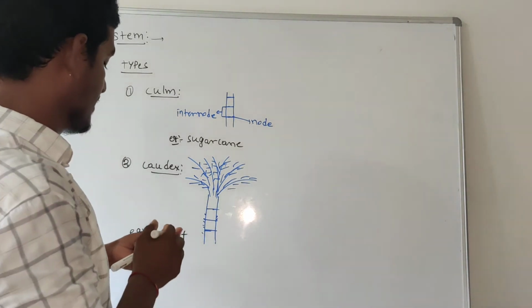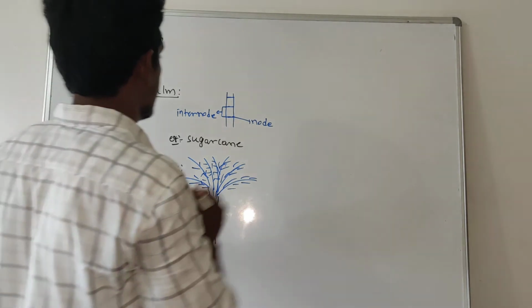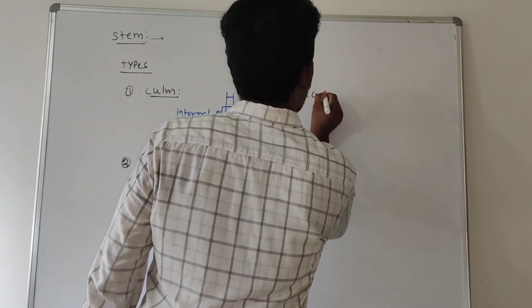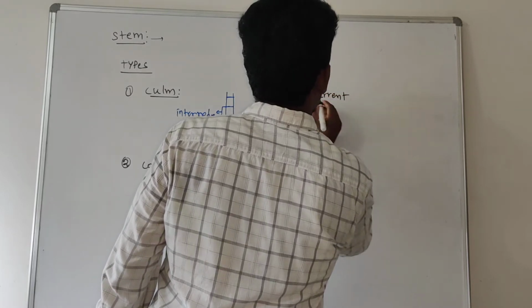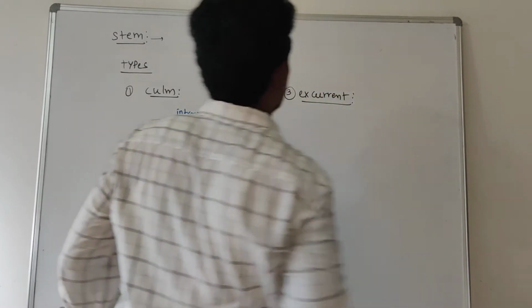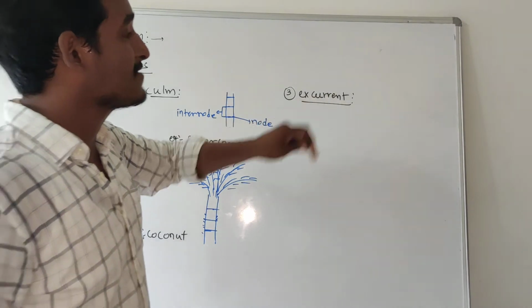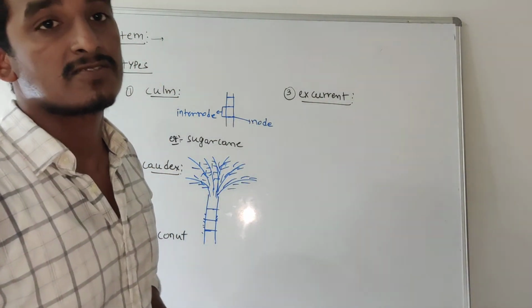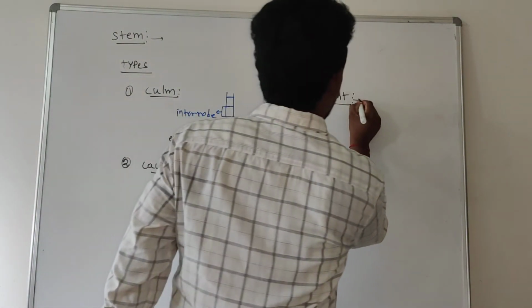The next stem is the excurrent stem. In this excurrent stem, there is an acropetal arrangement of branches. What is that acropetal arrangement?